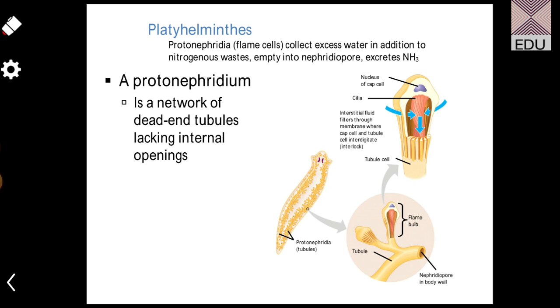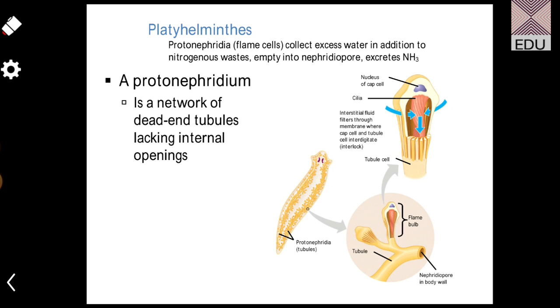So when the cilia move, the pressure decreases inside, and the excretory materials from outside come towards the lumen of the flame cell. So ultimately, all the things come into the lumen of the flame cell. This is called the ultrafiltration process. So this is the first step to form the urine in Platyhelminthes.